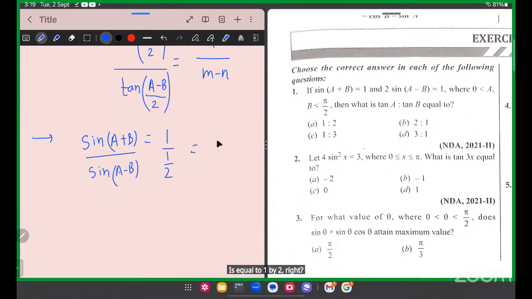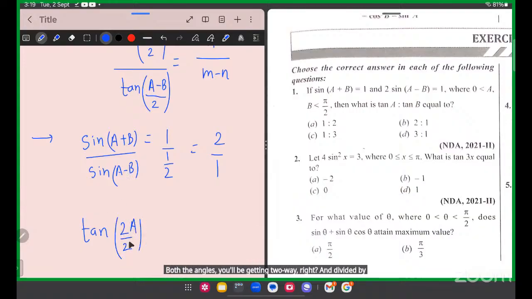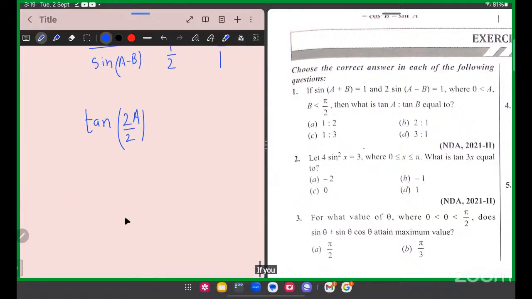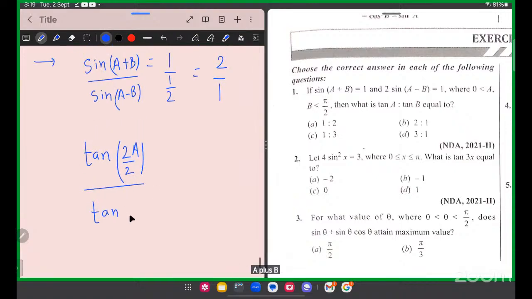So this becomes 2 by 1. Now apply componendo and dividendo. So sine becomes tan here. And if you add both the angles, you will be getting 2A, right? And divided by 2. Similarly, if you subtract, A plus B minus A minus B, it becomes 2B, right?